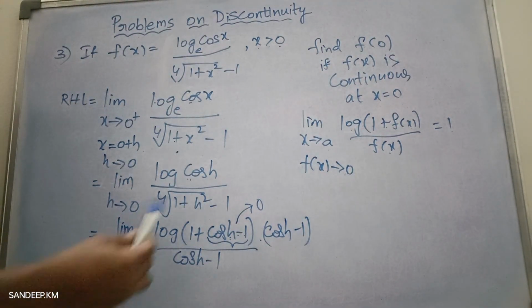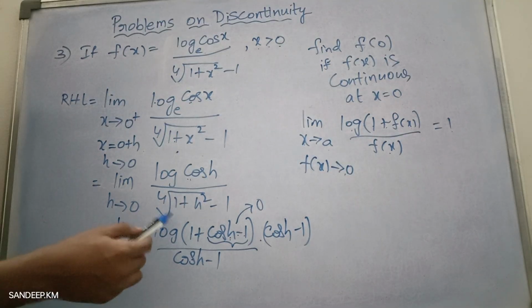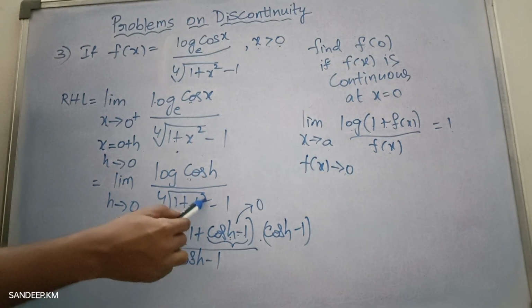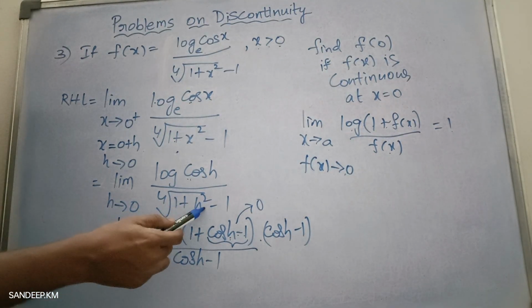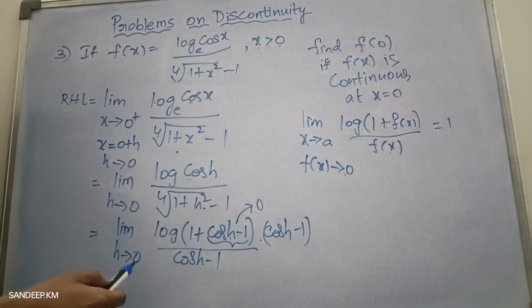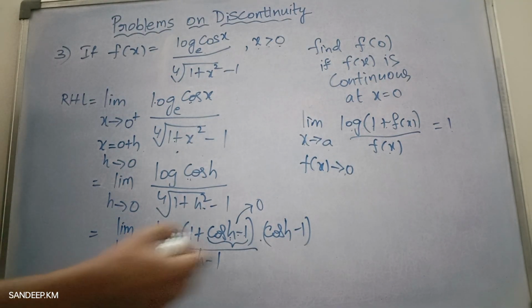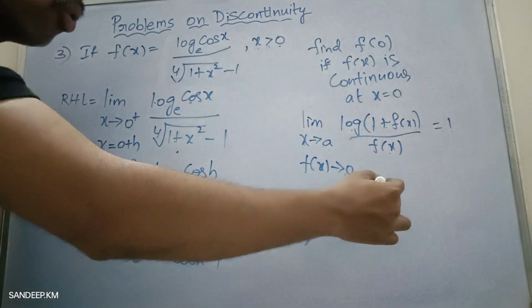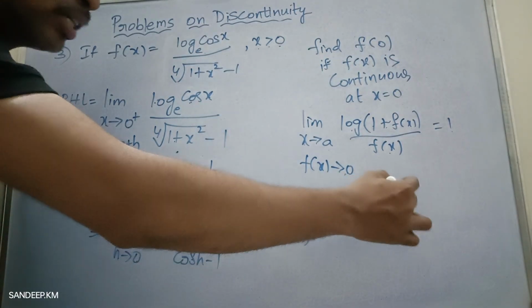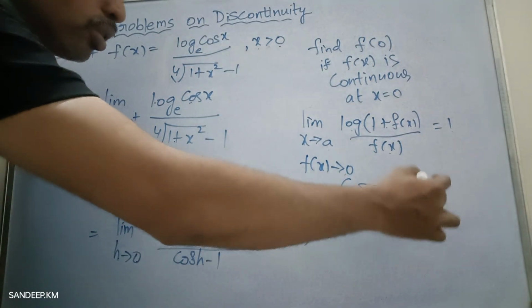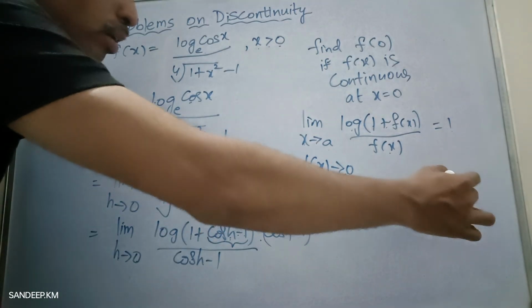Okay now, in the denominator we have 4th root of 1 plus h square minus 1. Let me multiply this with its conjugate, I mean its rationalizing factor. The rationalizing factor of 4th root of f of x minus 1 is 4th root of f of x plus 1.